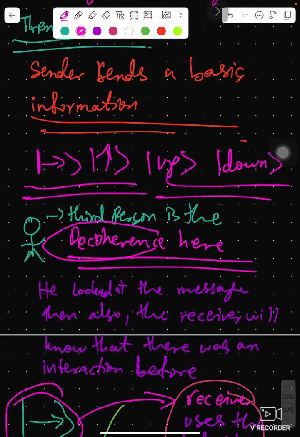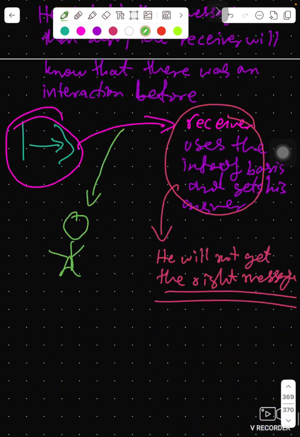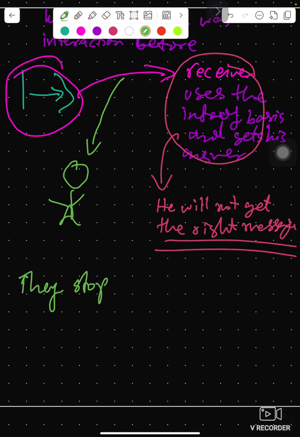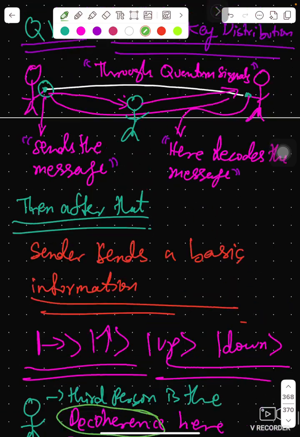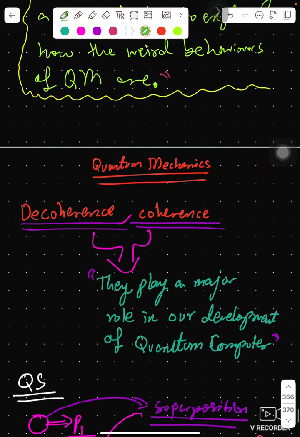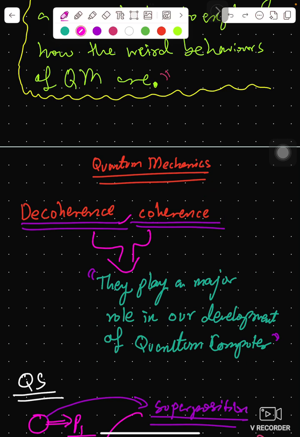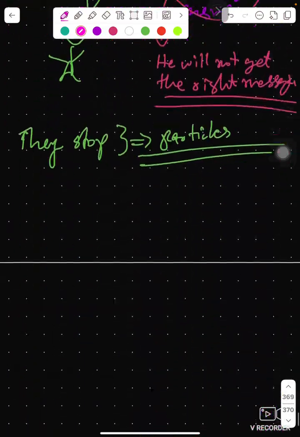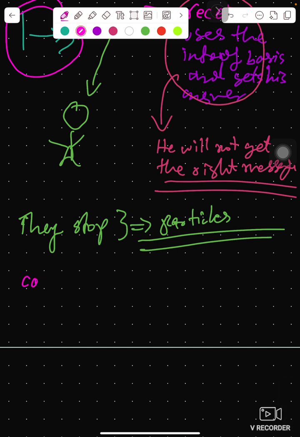Okay, so decoherence is the disturbance which is made in such a way that the quantum system or the atoms and particles are disturbed. Okay, now coherence on the other hand is the opposite of decoherence, in that we want coherence.